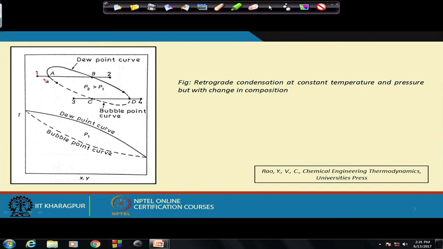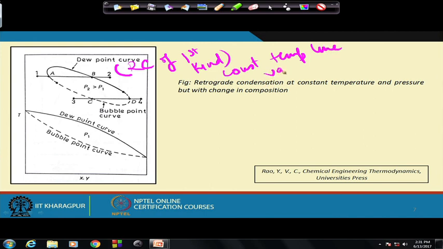So, path 1, 2 definitely denotes retrograde condensation of the first kind, since it is crossing the dew point twice, and this is happening when we are dealing with a constant temperature line and we are varying the composition of the vapor phase.